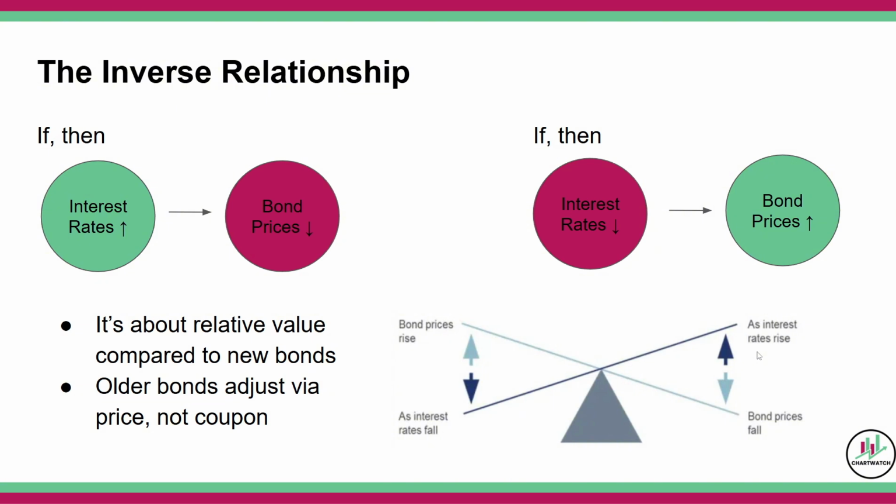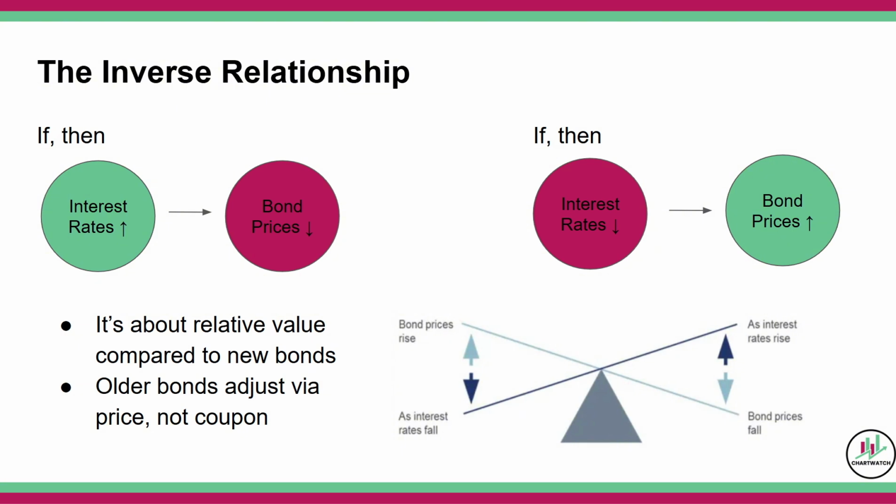Suddenly, new bonds are offering a better deal. Investors can earn more elsewhere. So what happens to your 5% bond? It becomes less attractive, and the only way to sell it in the market is to lower the price. So the buyer ends up with a similar return to what newer 7% bonds are offering. In this case, your bond will likely sell at a discount to face value.